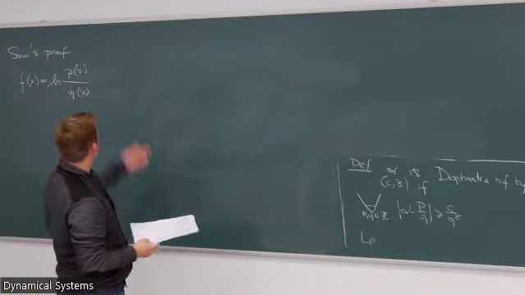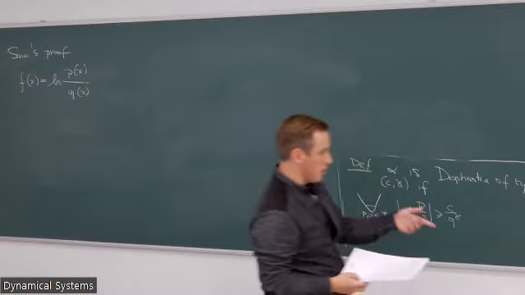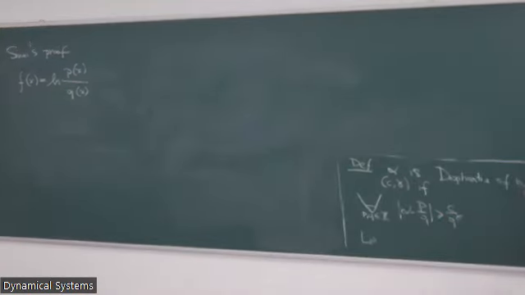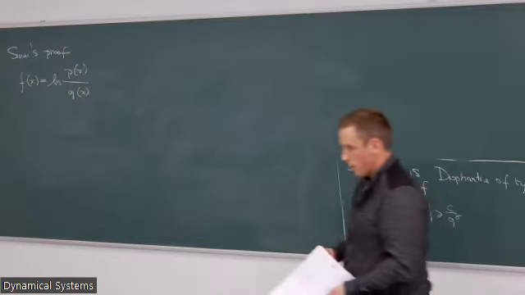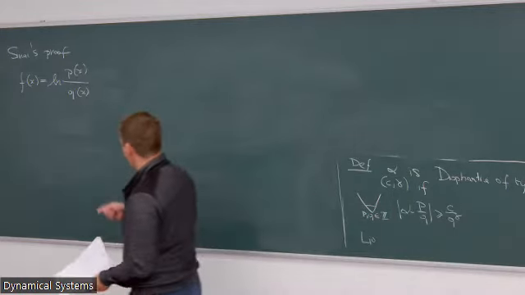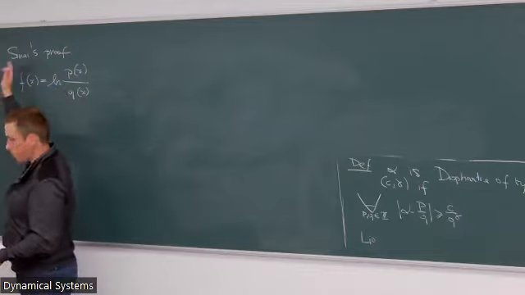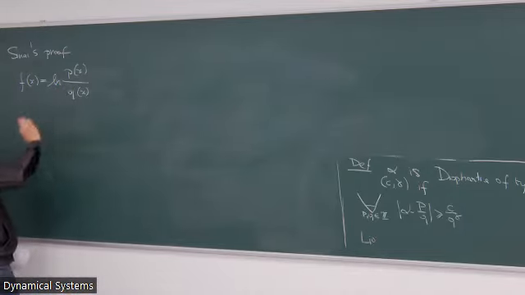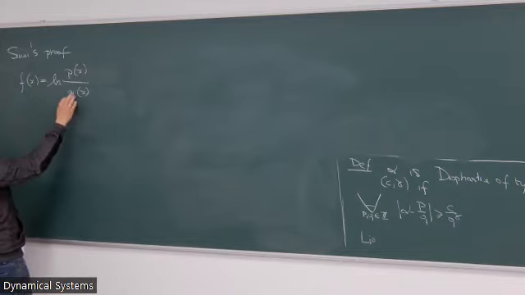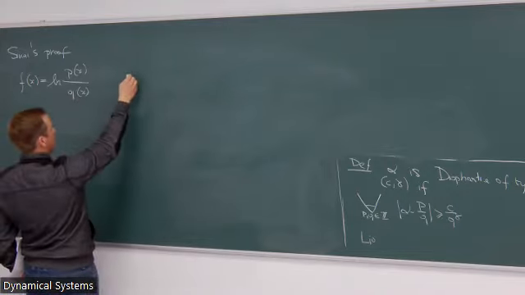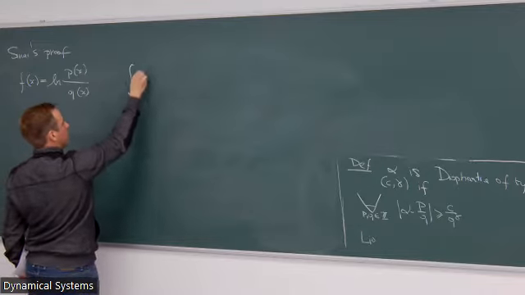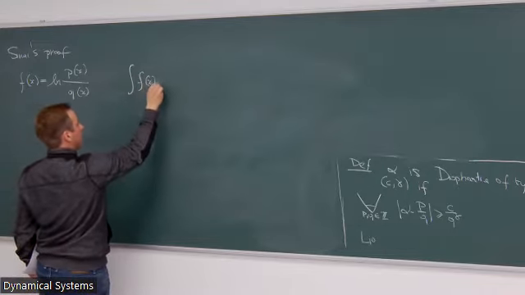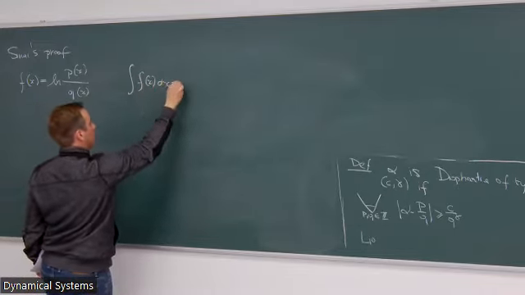Actually, I would like to discuss this proof only in the symmetric case. In the asymmetric case, the idea is more or less the same, but it's still qualitatively different. So I would like to discuss only the symmetric case. The whole talk is about symmetry. From the symmetry assumption, we know that the integral of f of x equals 0.